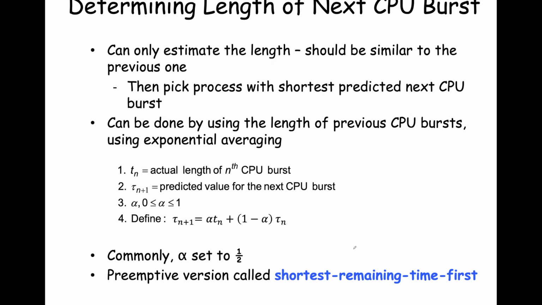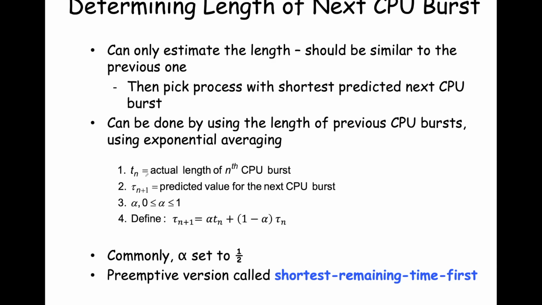And so you take your existing burst time from the last time it was run, and then you predict from that what the next one should be, and then you make your selection criterion of shortest burst time first for the scheduler using these estimates. You can do this by taking the length of the previous burst and using this notion of exponential averaging. So let's define a bunch of variables.